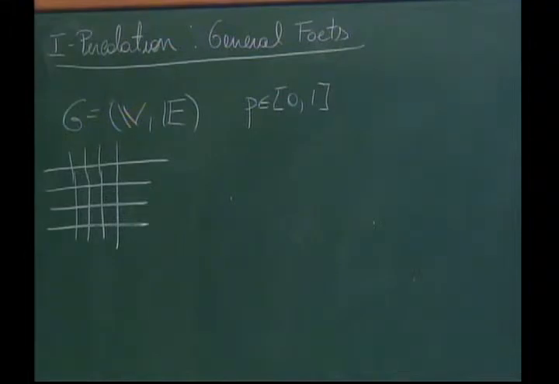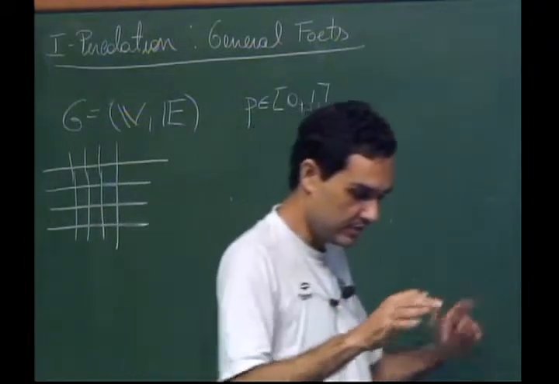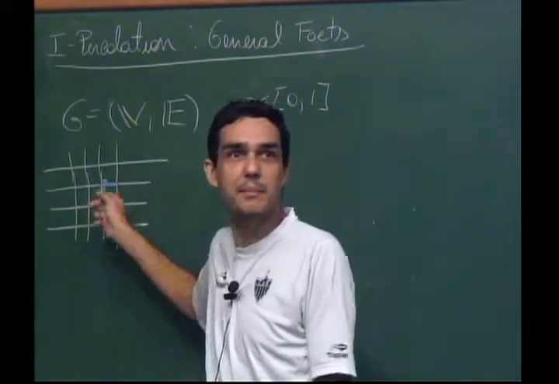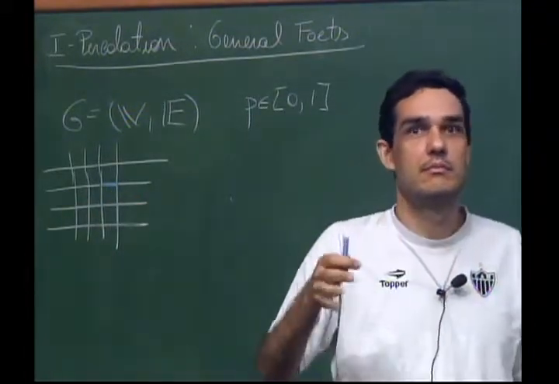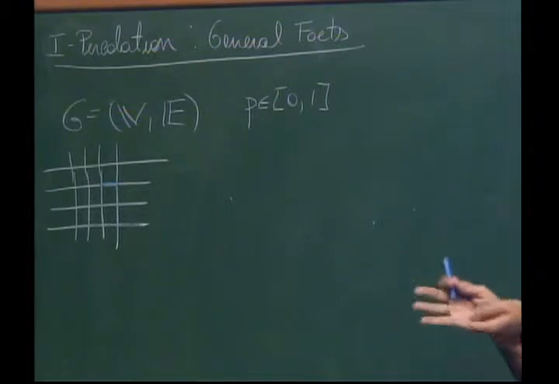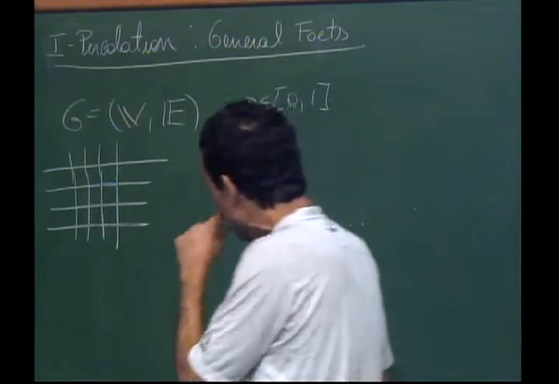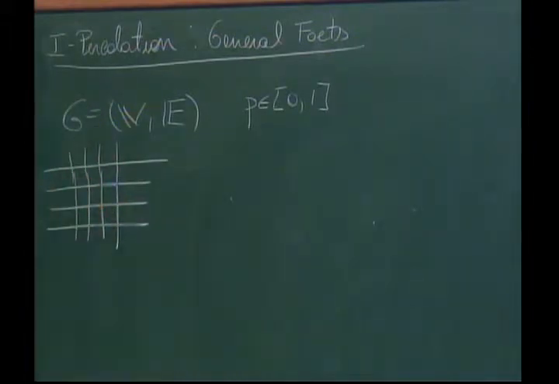Then in the bond percolation model, each bond is open with probability p and closed with probability 1 minus p, and each bond is open or closed independent of each other. We can think of each bond as a kind of pipe, and this pipe allows or not the flow of some liquid, water for example. This is the bond percolation model.